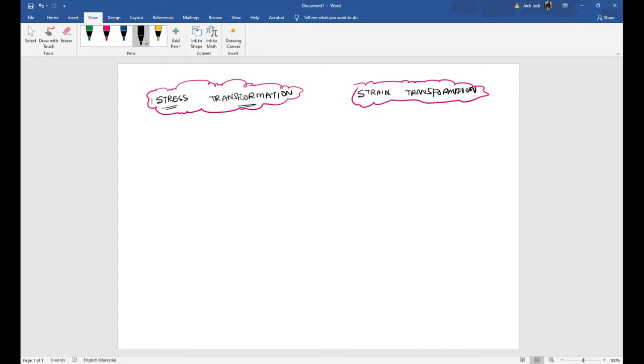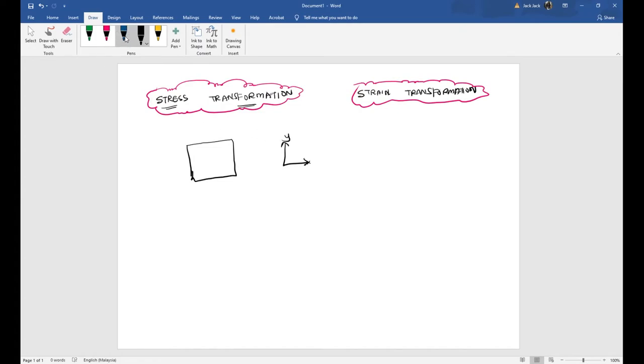Basically, in our applied solid mechanics, we are referring to the stresses acting on a single plane. Let's say we have an element. So this is our element, and at the same time we have a defined x-axis and y-axis.